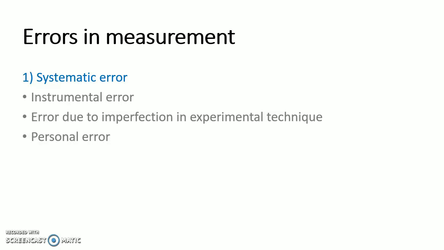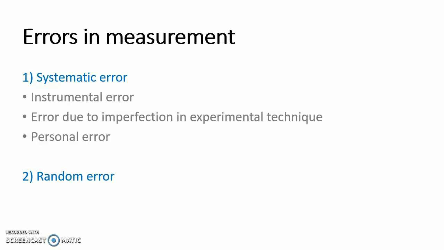But even after all of these things are done, there are some errors which cannot be removed. Such errors which cannot be eliminated are called random errors. For example, if we are performing an experiment related to electricity, the voltage of the power supply may change randomly.